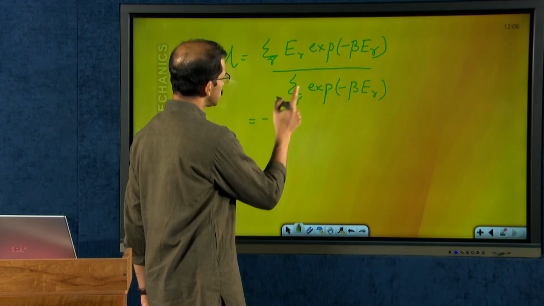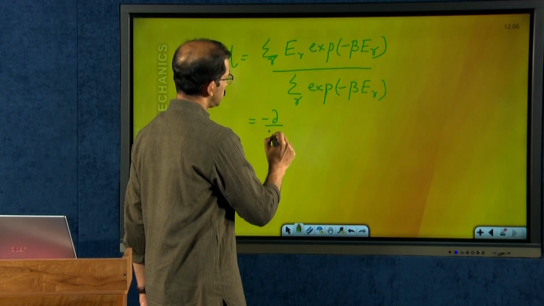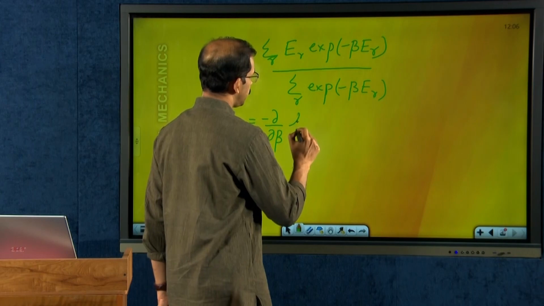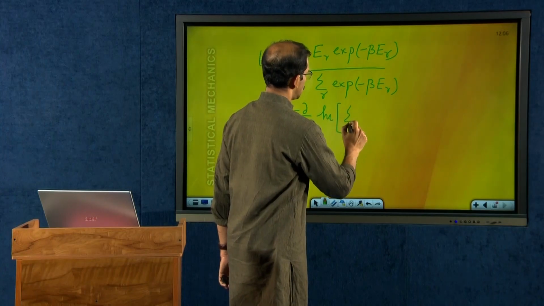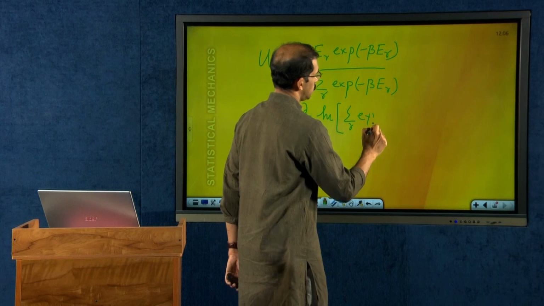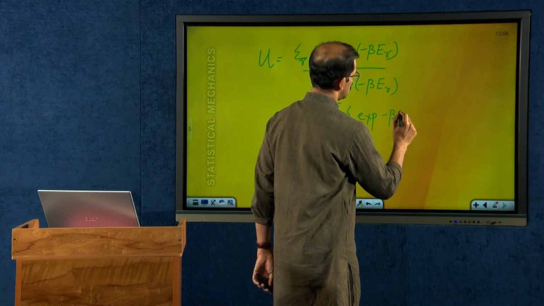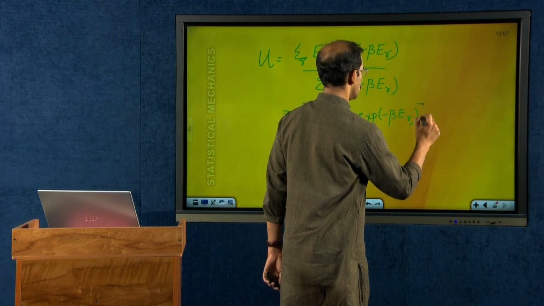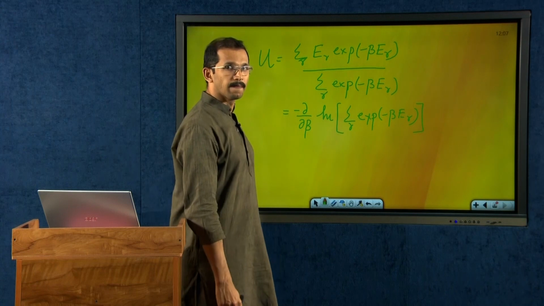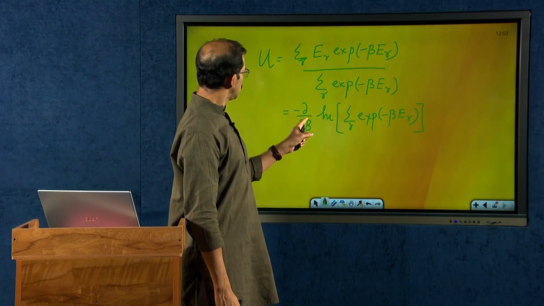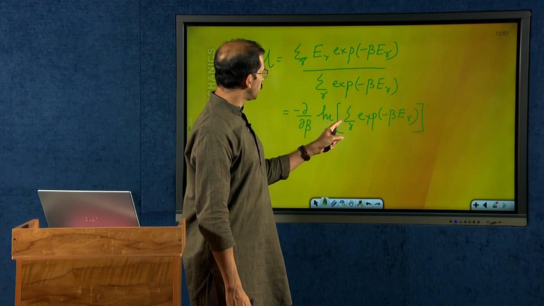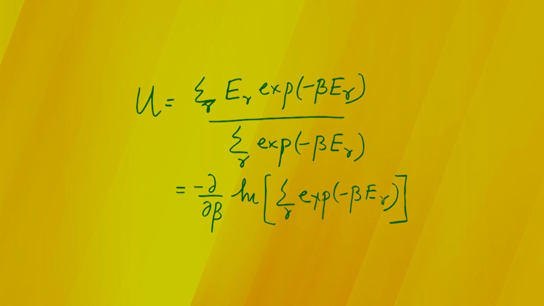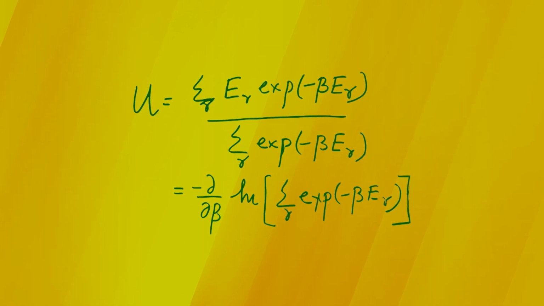So, this can be written as minus dou by dou beta of ln of the sum over R of exponential minus beta E_R, right. I can write U is equal to minus dou by dou beta of ln of sum over R exponential minus beta E_R. So, this is a very useful expression for us.